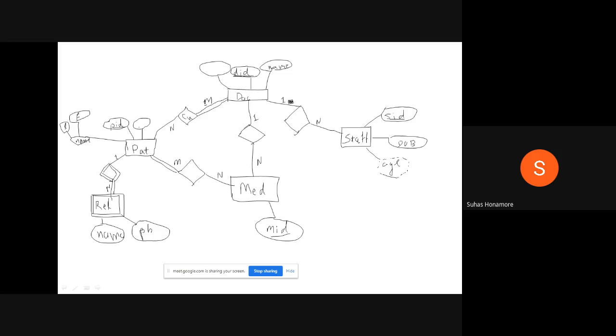So in a weak entity type, it will never have any key attribute. So here you have to take one attribute, which is nothing but the identifying attribute. We mark this with dotted lines, which is the identifying entity type.